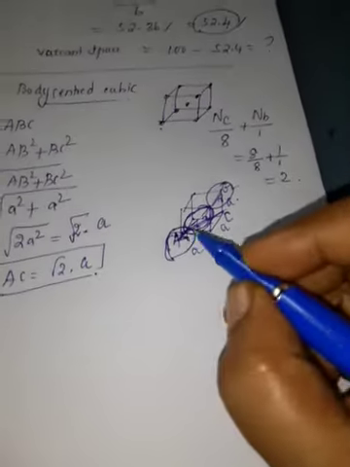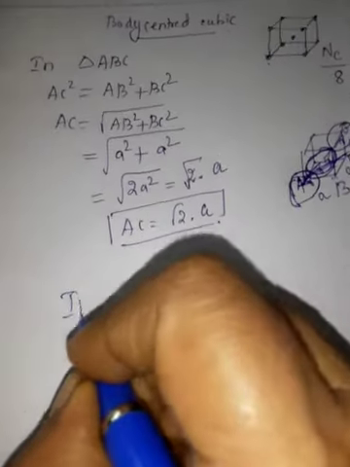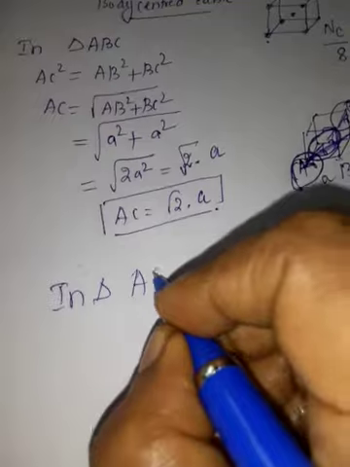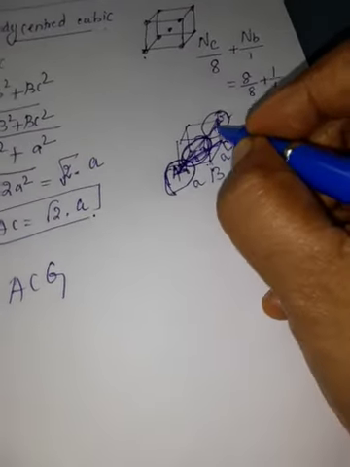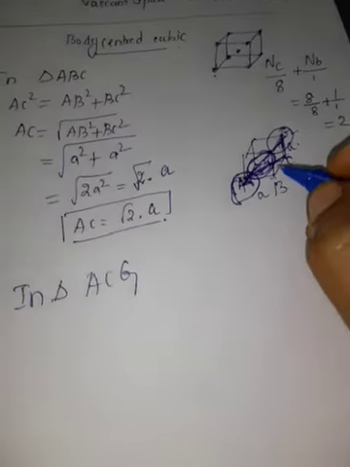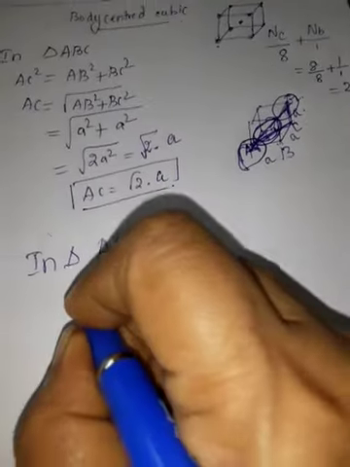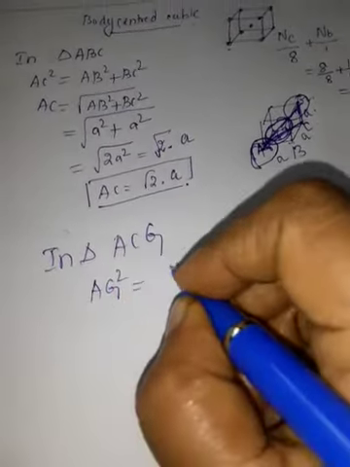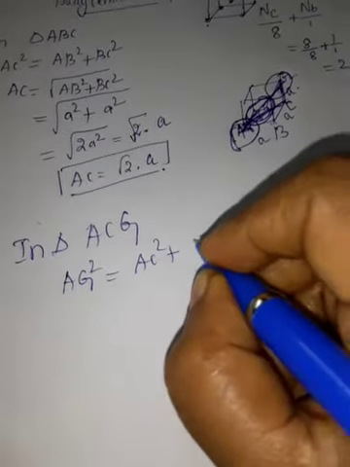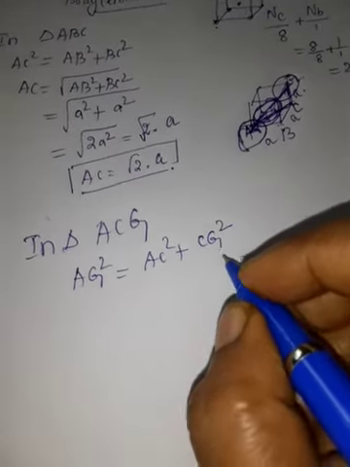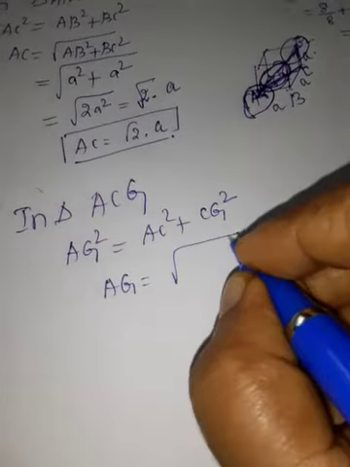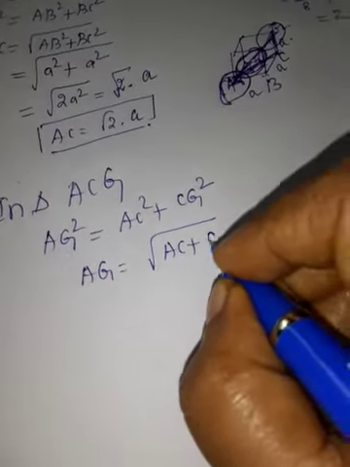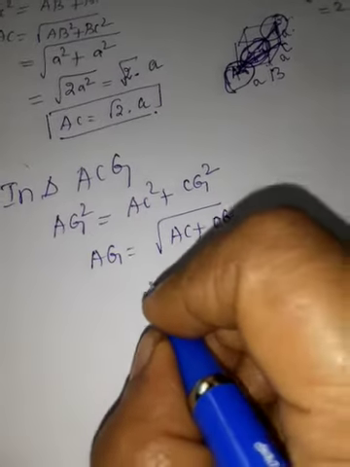That is the AC value. Next, in triangle ACG, AG square is equal to AC square plus CG square. So AG is equal to square root of AC square plus CG square.